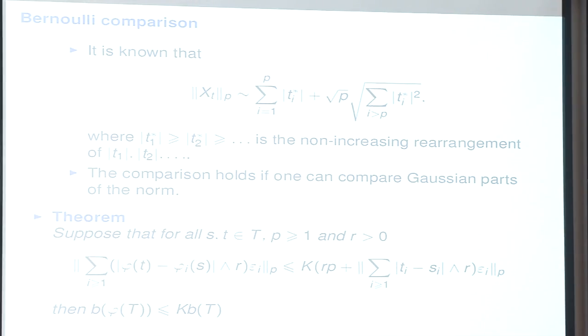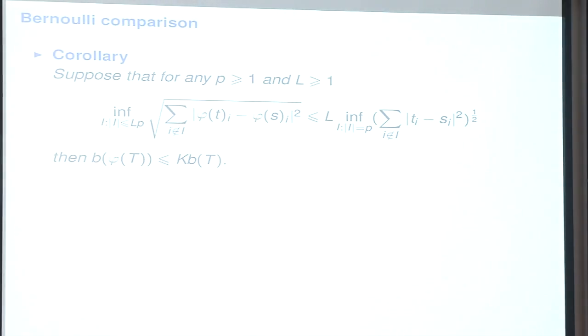So in general, it can be stated like this: if we can compare moments in this way, you end up with a comparison of expectations. And the proof goes through some ideas from our proof of the Bernoulli conjecture, but it's not that difficult.